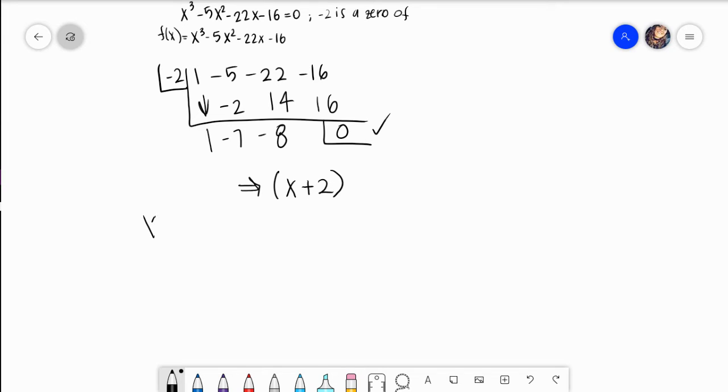If we have our x cubed minus 5x squared minus 22x minus 16 equals this. Oh, you know what, y'all? I didn't write my actual quotient. I apologize. I write my 1x, and I'm going to lower it by a degree, so I get x squared minus 7x minus 8.